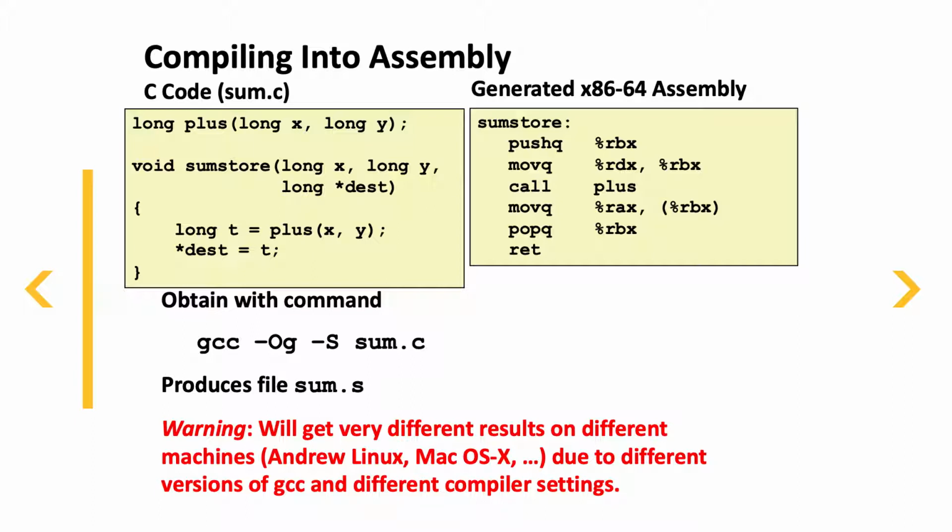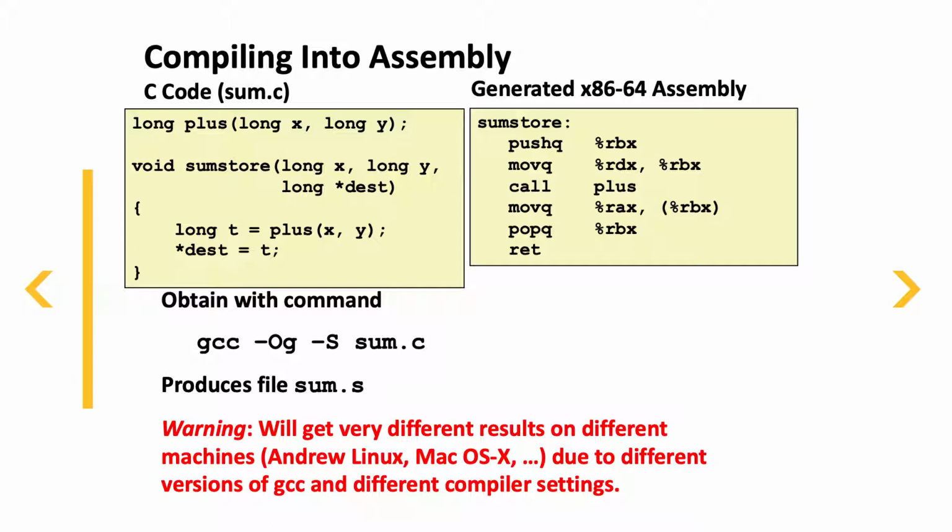Now, again, this GCC command is going to produce a file called sum.s, but I want to warn you, you might get very different results on different machines, right? Various flavors of Linux, Mac OS. We have different versions of GCC. On Mac OS, we're actually using Clang. And we have different compiler settings.